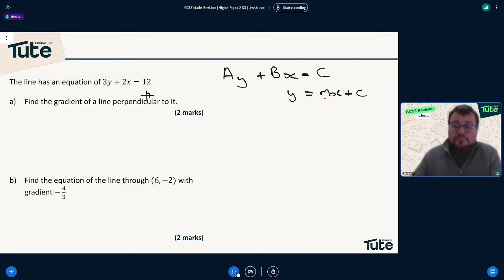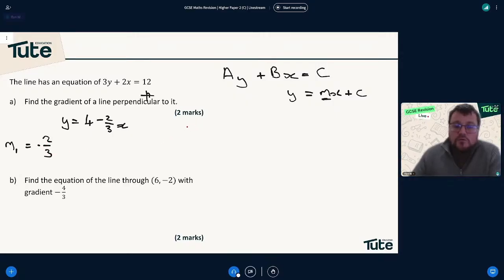I need it in that shape because we know that m is the gradient. So I rearrange the formula until I get to y is equal to 4 take away 2 over 3x. I know now that m, and I'm going to call this m1, has a value of negative 2 over 3.